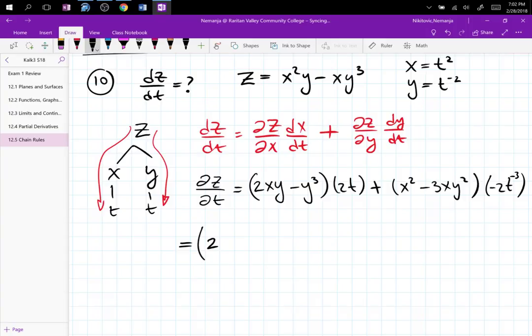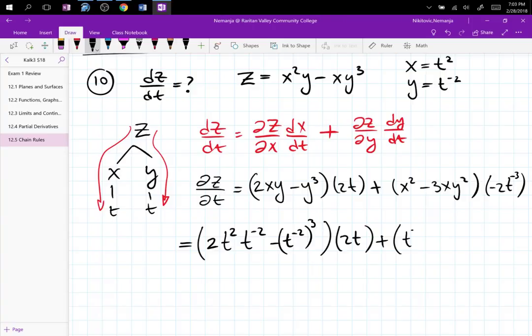We have 2. Instead of x, I'm writing t squared. Instead of y, I'm writing t to the negative 2, minus t to the negative 2, everything cubed. Everything times 2t, plus t squared squared, minus 3 t squared, and then t to the negative 2 squared, times negative 2t to the negative 3.